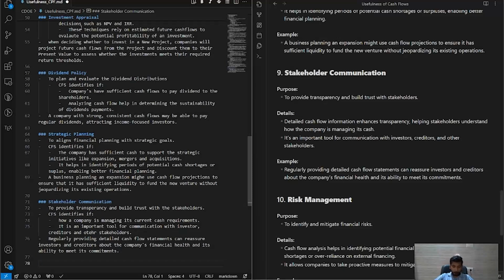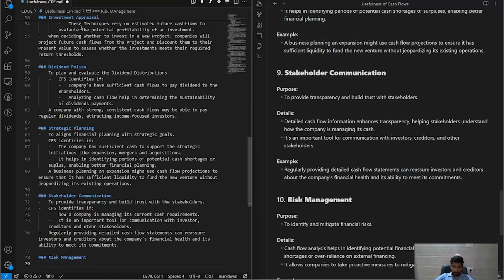Okay. Lastly, it is useful for risk management. The cash flow statement identifies and mitigates financial risks.